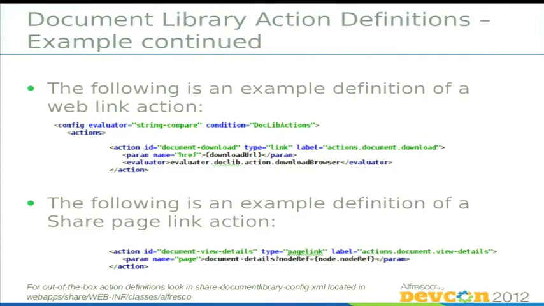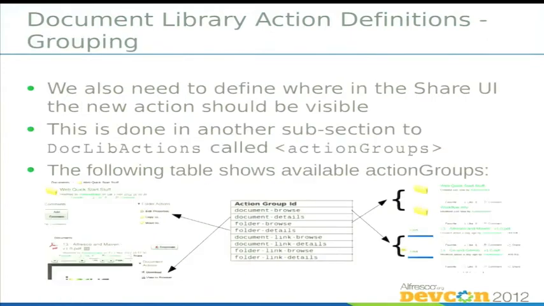One of them is download URL. Then look at how a page link action, which if you activate it, will call a share page. So here is a relative path. In this case, I want to see the document details. So these are actions that you actually see in the share UI.